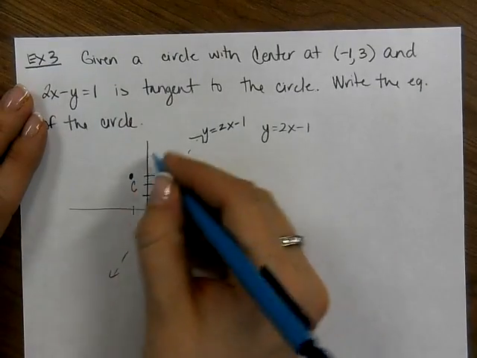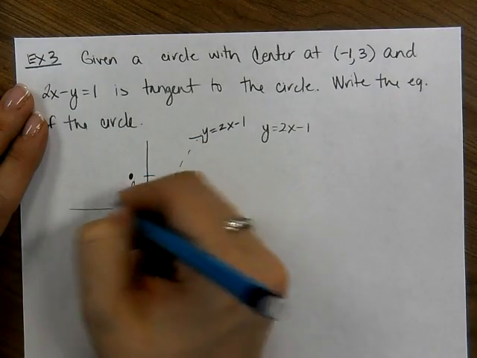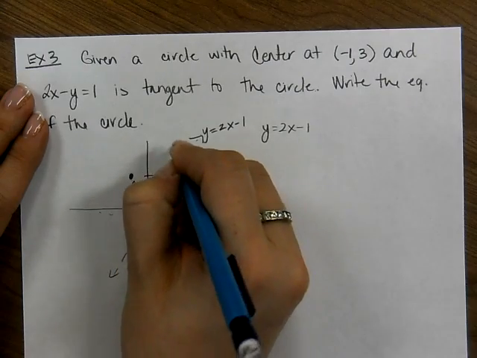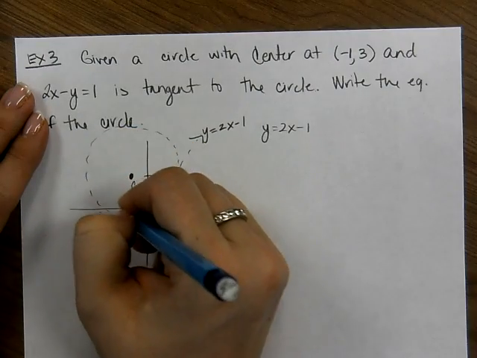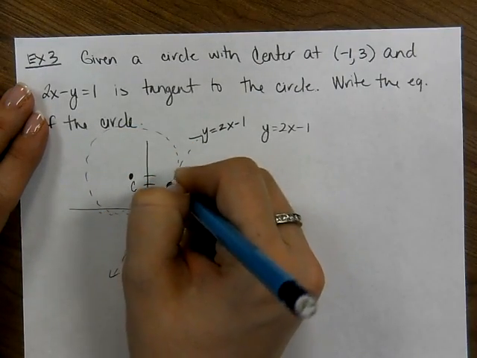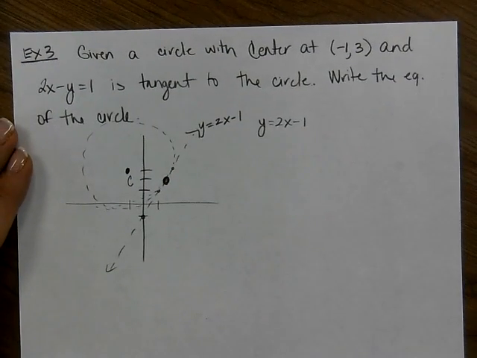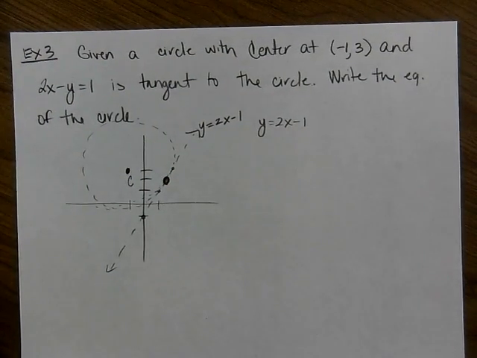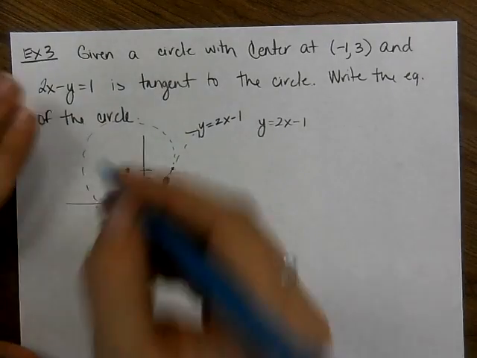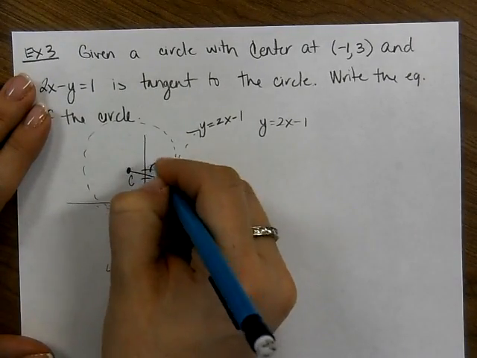The circle has to only touch at one point. I don't know where it touches, but let's just pretend it touches right there. So there's the point that it's tangent. That's clearly a circle, ish. So this is the radius.